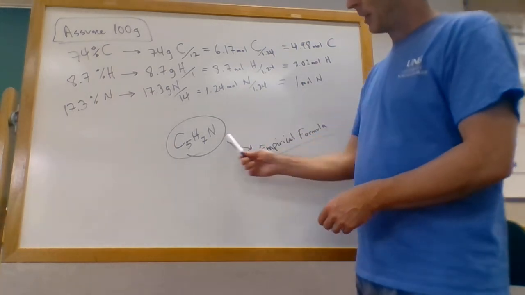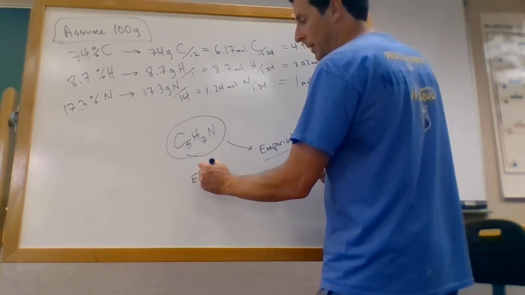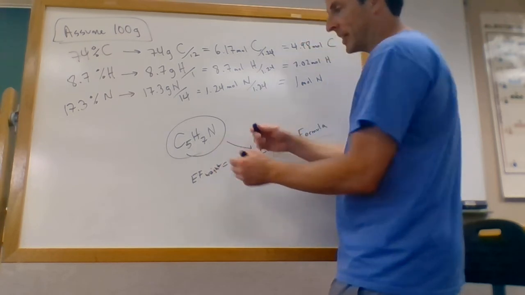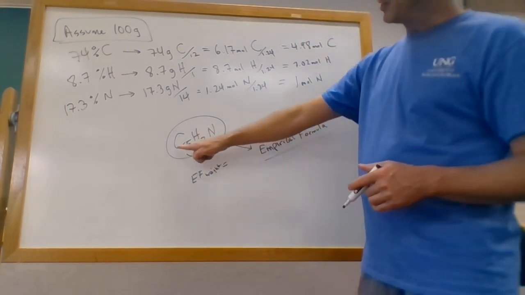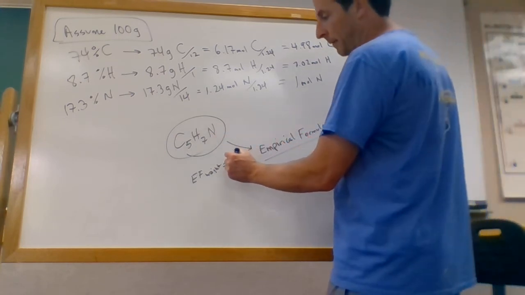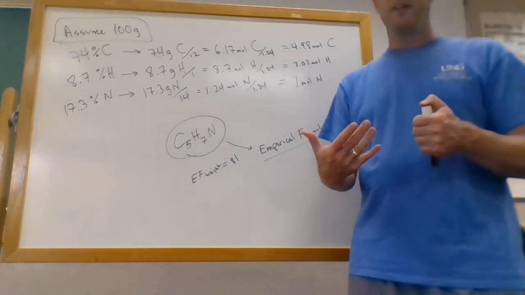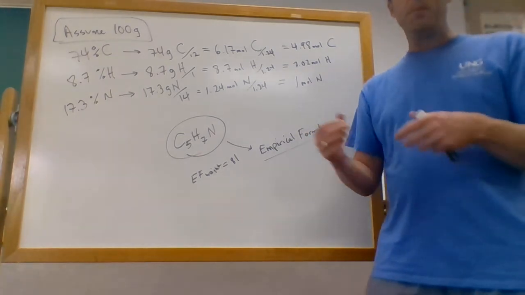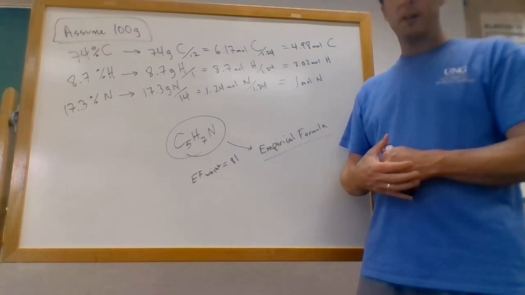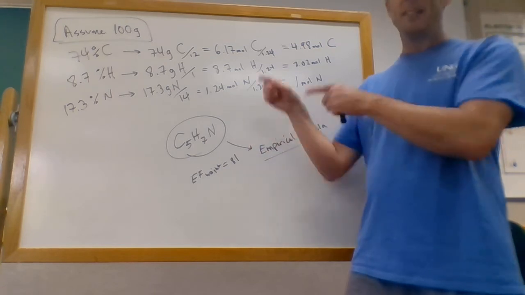If I add up the empirical formula weight, the molecular weight of this thing, which is actually an empirical formula, it'd be 12 times 5 plus 7 plus 14, which is 81. If they told me in a problem that the molecular weight of this compound was 81, then that tells me, oh, this empirical formula is the molecular formula.